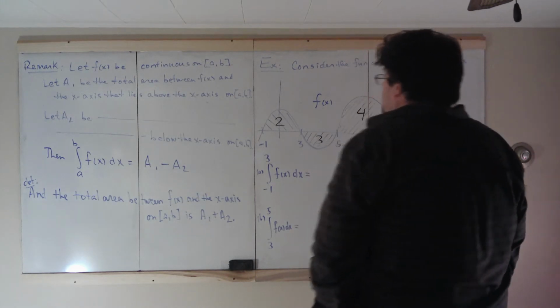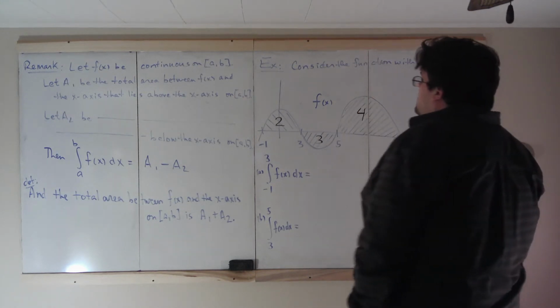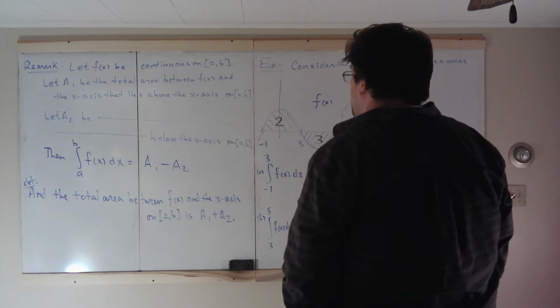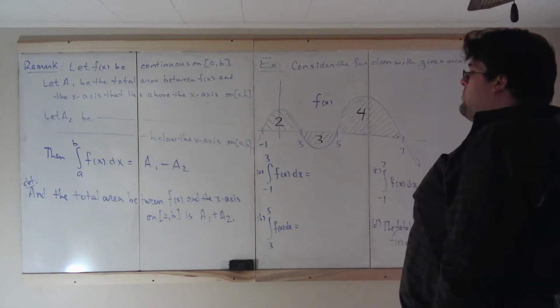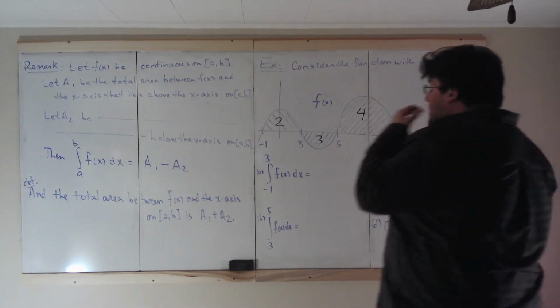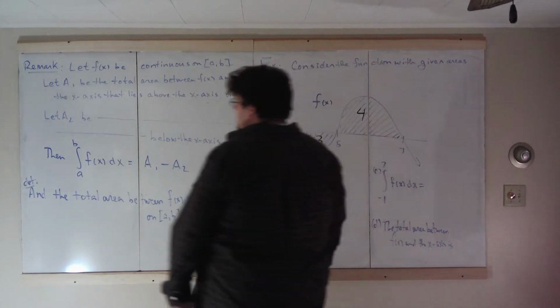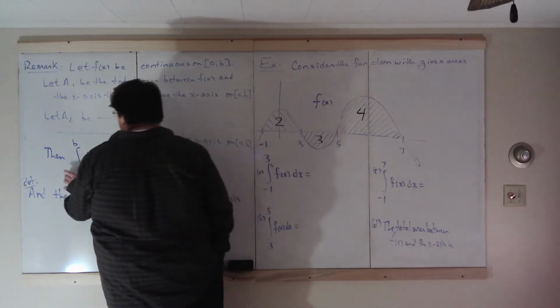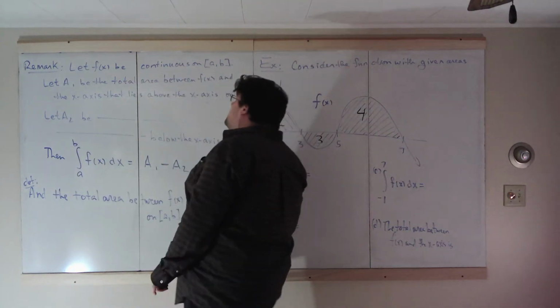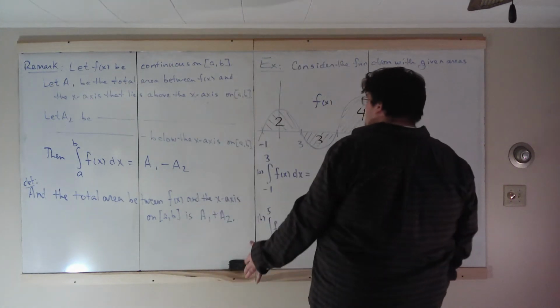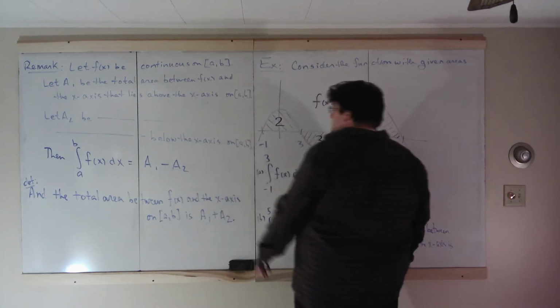A2 is going to be the same thing, but below the x-axis: the total area between f of x and the x-axis that lies below the x-axis on a to b. Then the definite integral of f of x from a to b is the area above the x-axis minus the area below the x-axis.